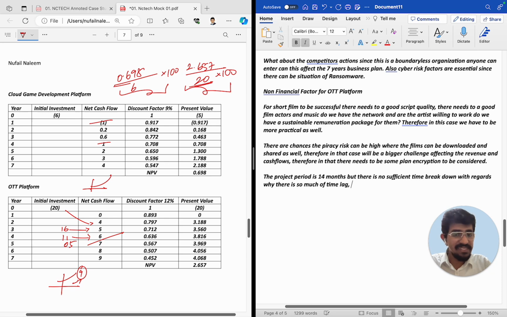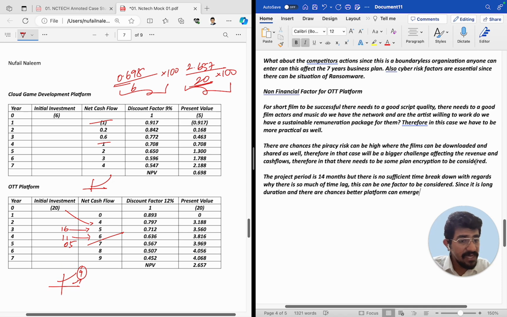Students, I believe that is very practical and clear for you. This can be one factor to be considered since it is a long duration, and there are chances better platforms can emerge, a threat of new entrants.